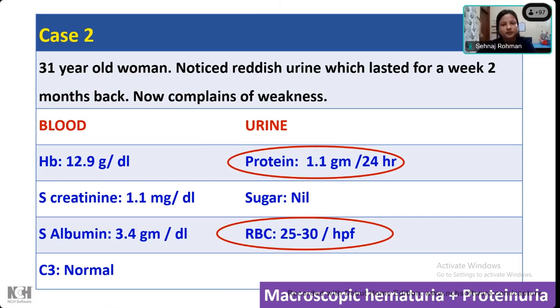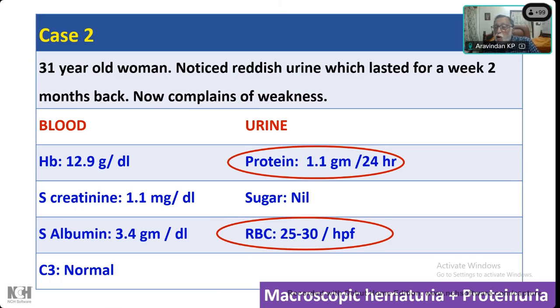So glomerular proliferative disorders. Some kind of proliferation would be taking place there. Among all the proliferative glomerulonephritis in the world, which is the commonest one? All over the world. IgA nephropathy. IgA nephropathy is by far the most common proliferative glomerulonephritis all across the world, except probably Africa.